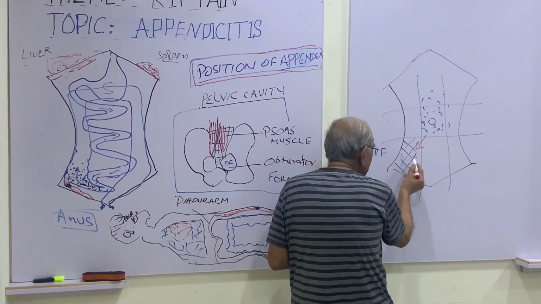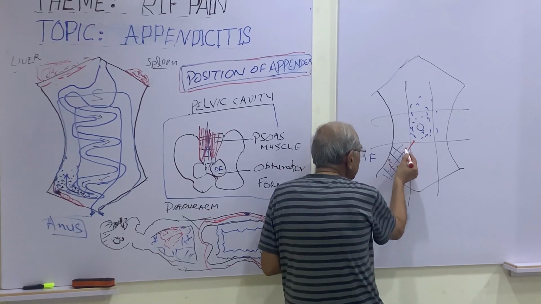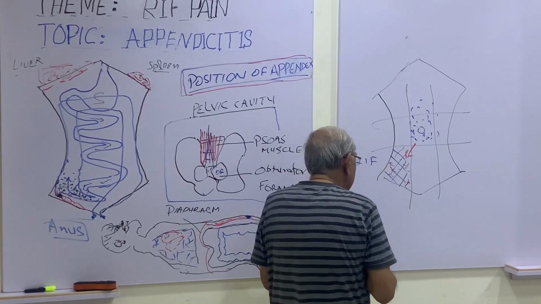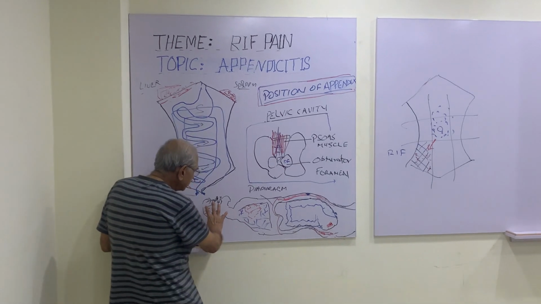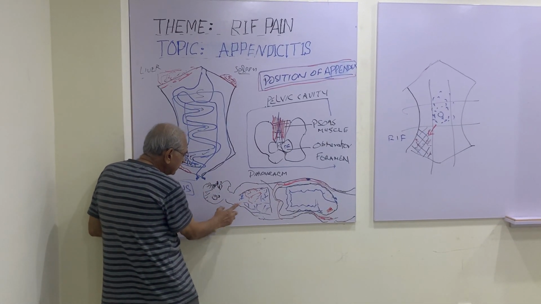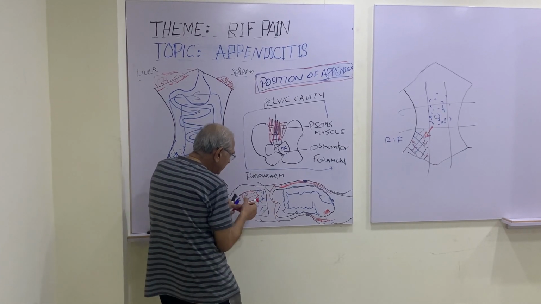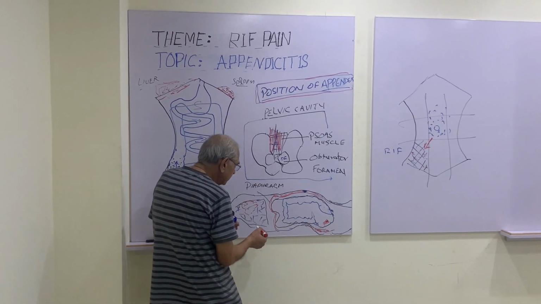The reason, which I am going to explain in a minute: if you look at this person lying down, this is the head, the chest, and this is the diaphragm, and below that is the abdominal cavity.